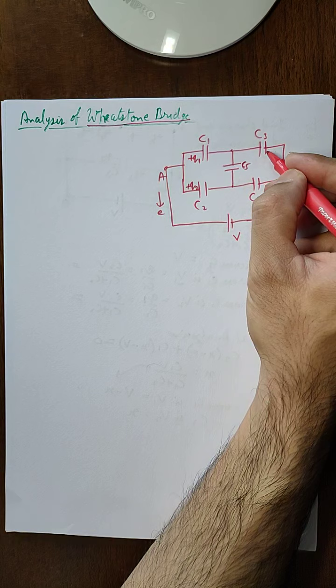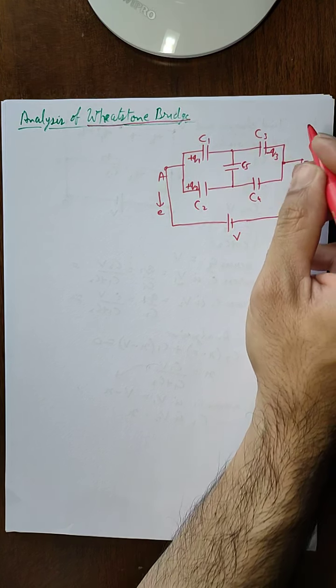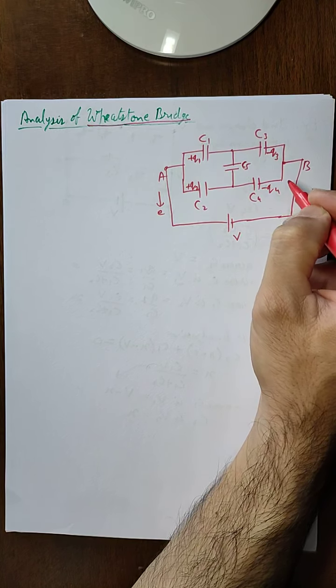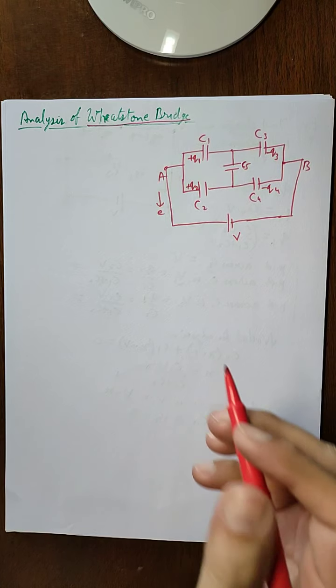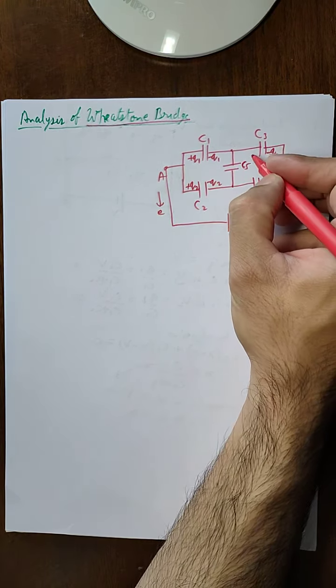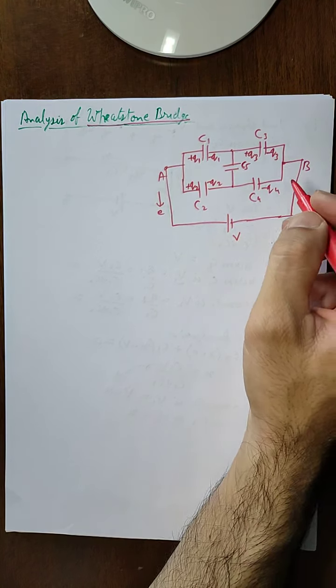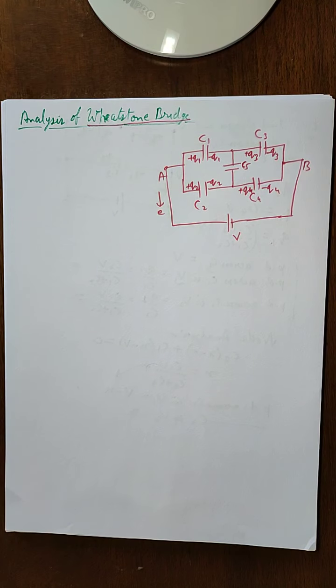So the charges on the right side are minus Q3 and minus Q4. Now we know that in a capacitor the plates acquire equal and opposite charges. So here it will be minus Q1, minus Q2, here it will be plus Q3 and here it will be plus Q4. So these charges are accumulated on these plates.